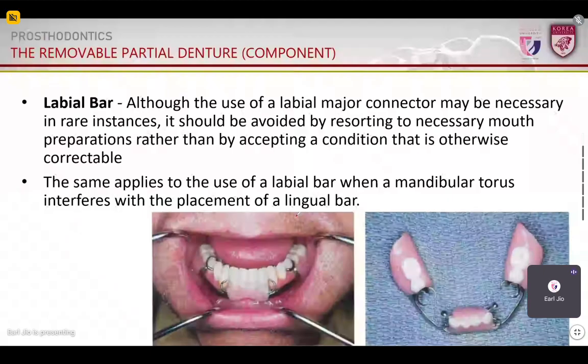So the labial bar is only used as an approach if a lingual bar cannot be used because a mandibular torus is present and cannot accommodate a lingual bar on the lingual surface of our lower arch. Okay, so in that case, a mandibular labial bar is indicated.